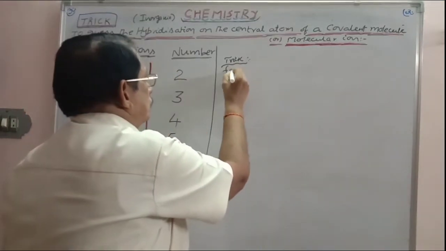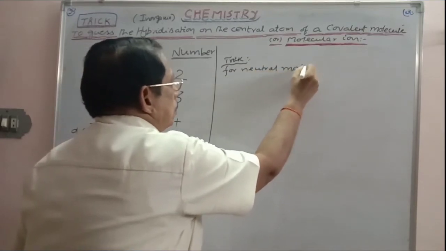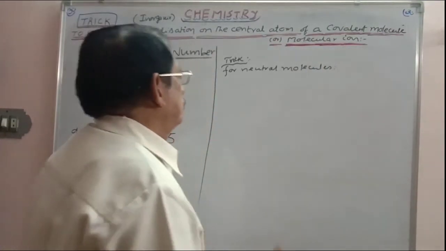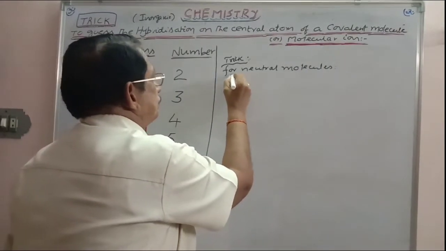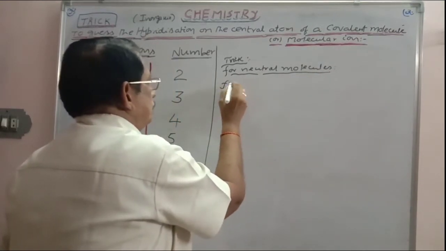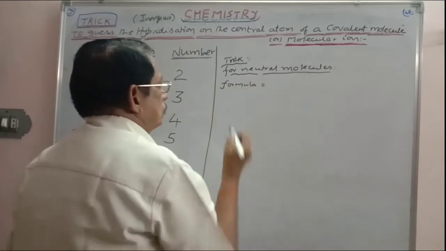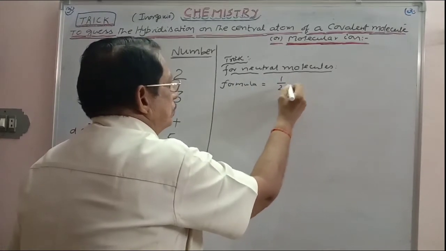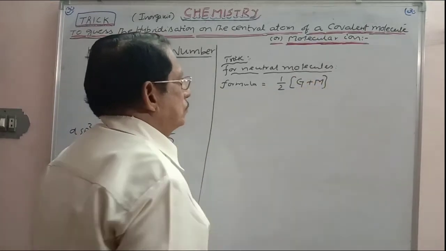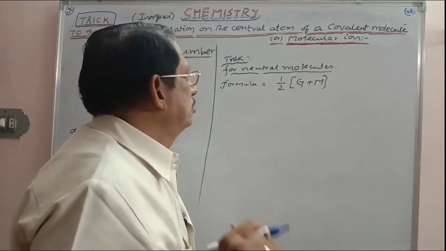For neutral molecules, what is the formula that is adopted here? It is equal to half into G plus M.